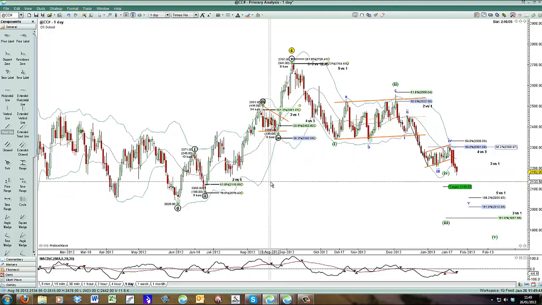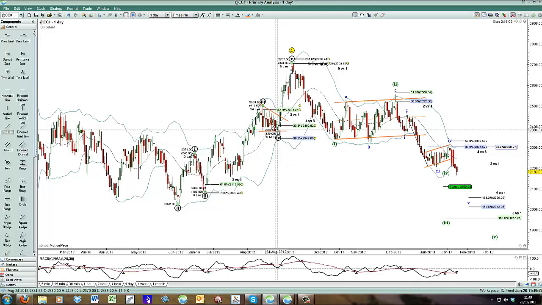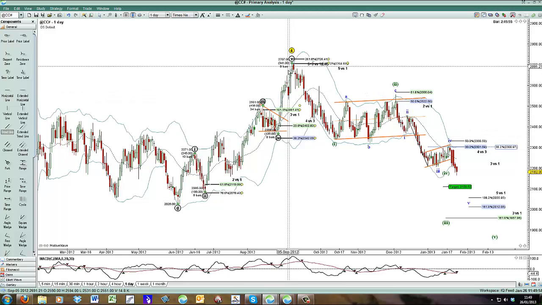Yeah, I don't use 23.6 myself, I prefer the 38.2, but you can see the price stopped here just in between the two, and then it went on to make wave 5, which again, if you note the Fibonacci levels at the termination, wave 5 versus 1 was a 38.2, just can't see that because of the other indentation, but also the wave 5 and 3 versus 1 ended up at the 261.8 Fibonacci level.